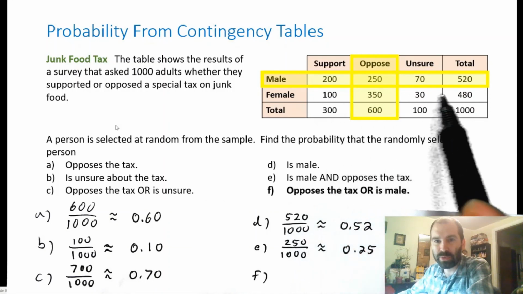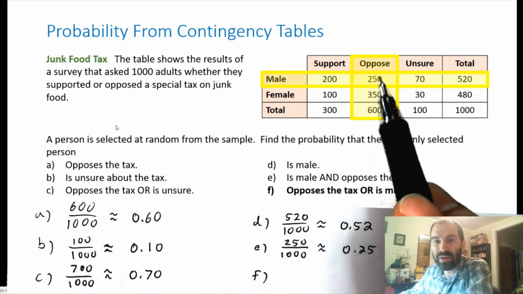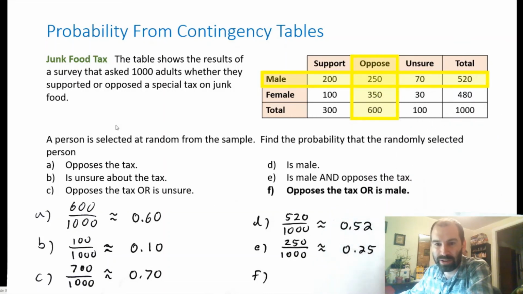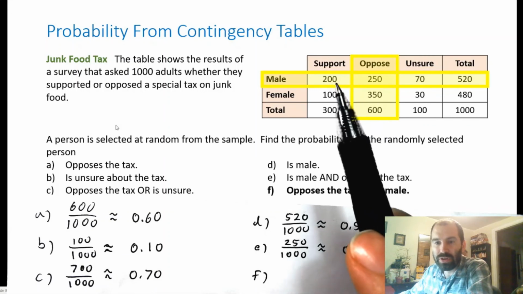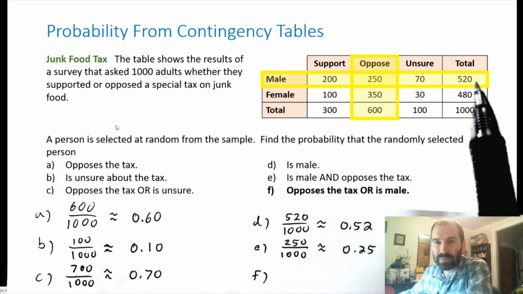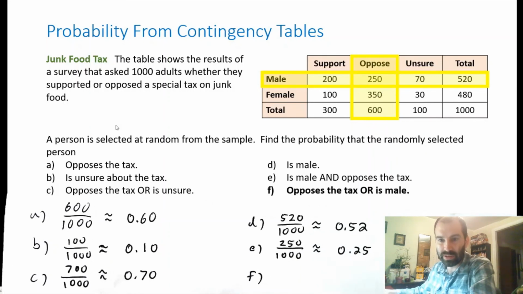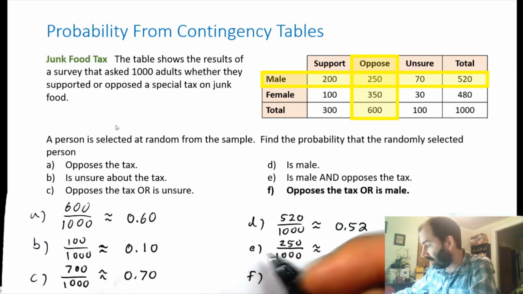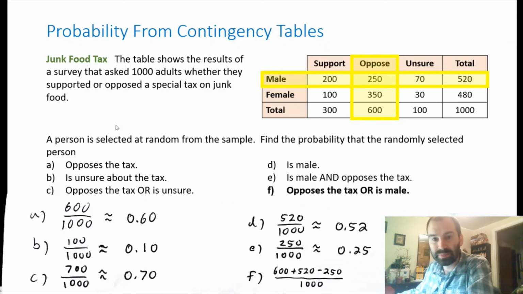And when we counted this row, we counted these people. We counted the 250 twice, so we overcounted. So we have to be a little bit careful. What you could do is count 600 plus 520 and then subtract off the 250 because you undo the fact that you overcounted. So it's going to be 600 plus 520 minus 250 divided by 1,000.